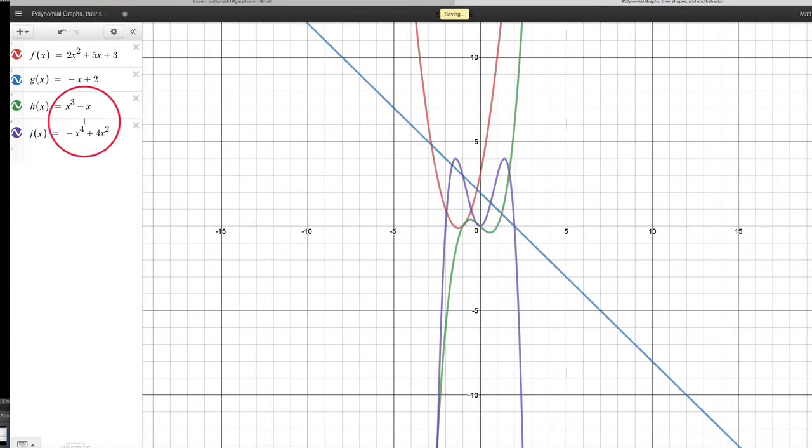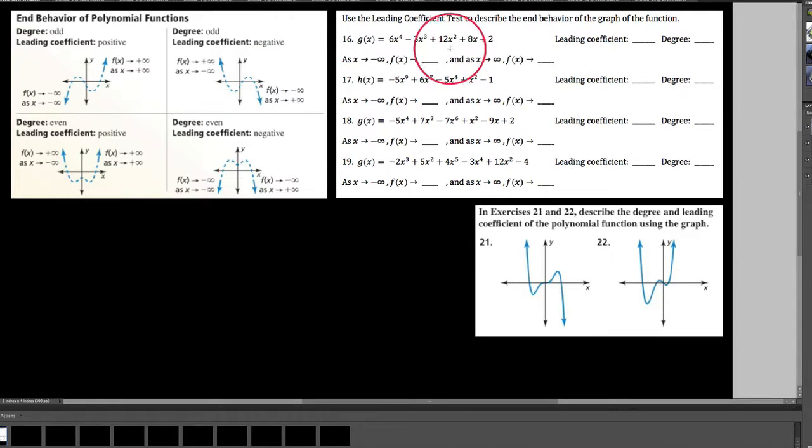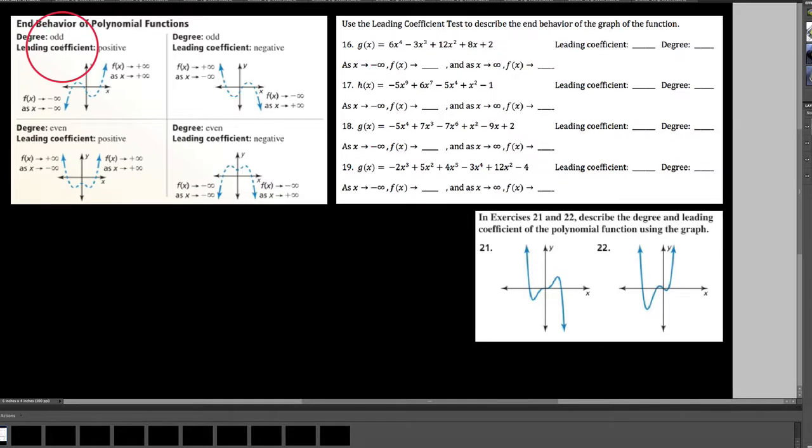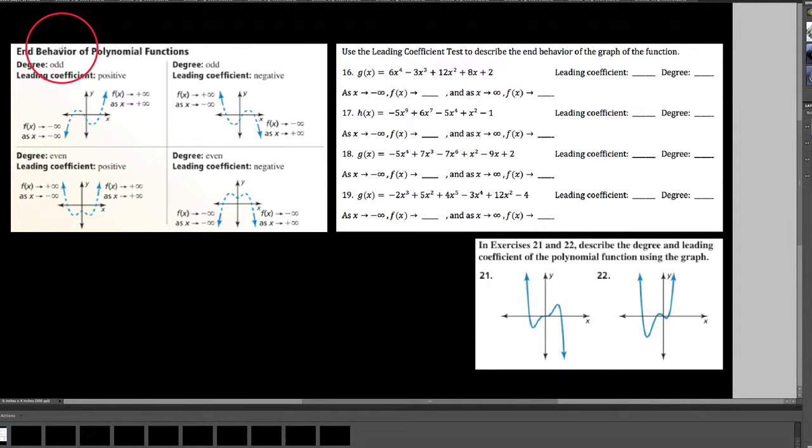So with all of those possibilities being named, our job is to, just by looking at the function, be able to tell the audience, what's the end behavior of our graph? And so this right here is directly connected to what we're going to call the leading coefficient test. And so this little chart here, we're going to write above it here, the leading coefficient test.